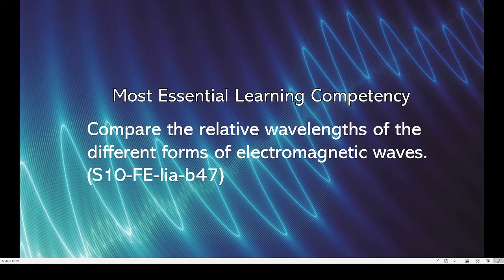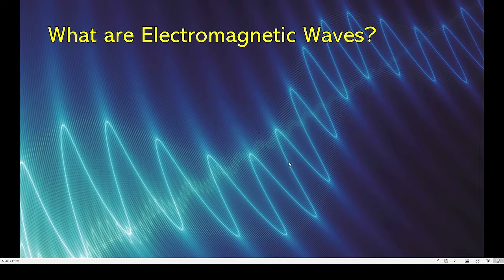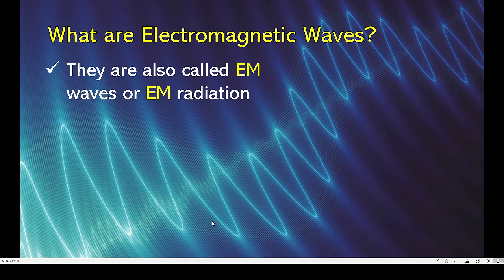In this lesson, we want to compare the relative wavelengths of the different forms of electromagnetic waves. But what are electromagnetic waves? Electromagnetic waves are also called EM waves or EM radiation.